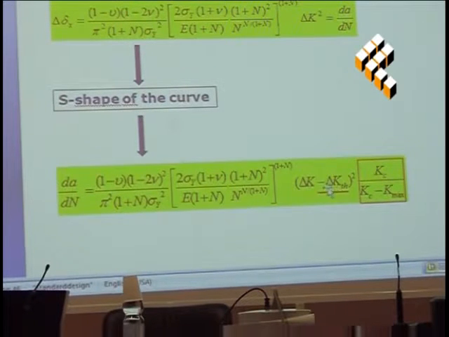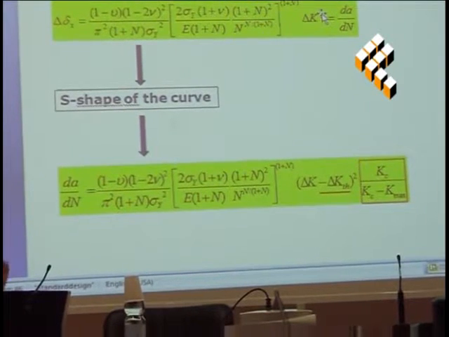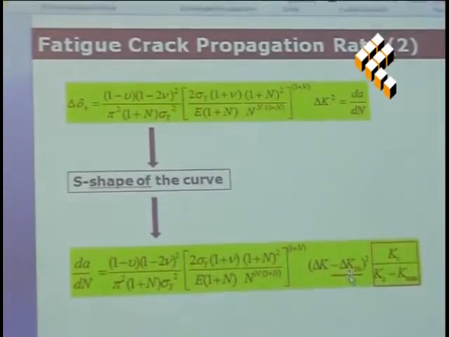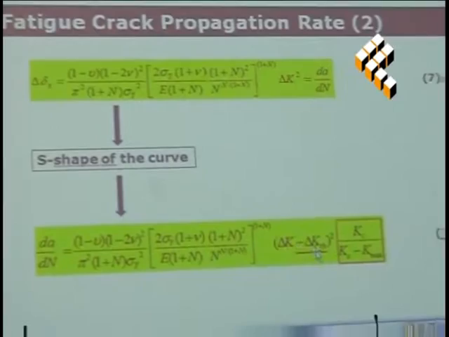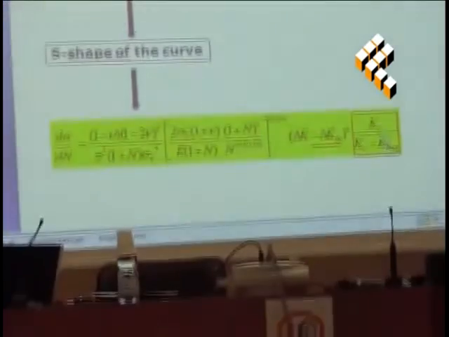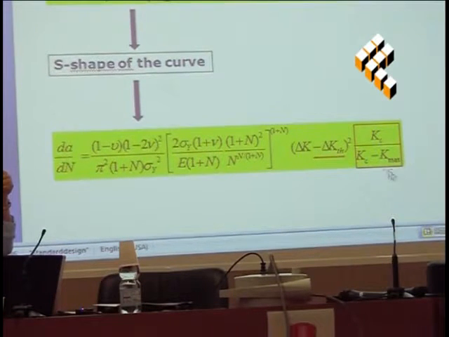I subtract the threshold from delta K. The original prediction was the second power, because it's based on plastic deformation, the crack tip opening displacement, which goes with the second power of delta K. Now from this delta K I subtract delta K threshold, and this factor gives me the upshoot of the crack propagation rate when delta K approaches the fracture toughness.